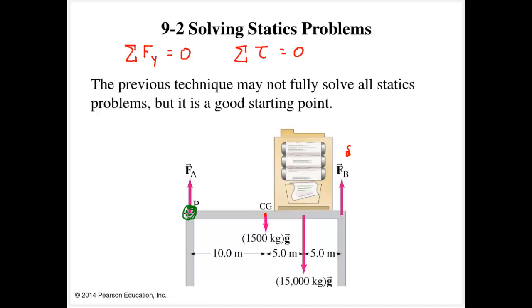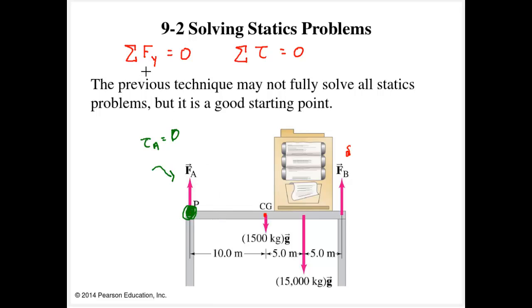If we chose my pivot point right here at point P, then we know that force A is not going to cause any torque because it has 0 lever arm. So we can eliminate one of our variables by a simple yet sophisticated choice of the pivot point.